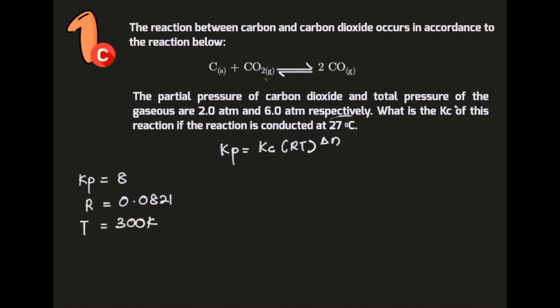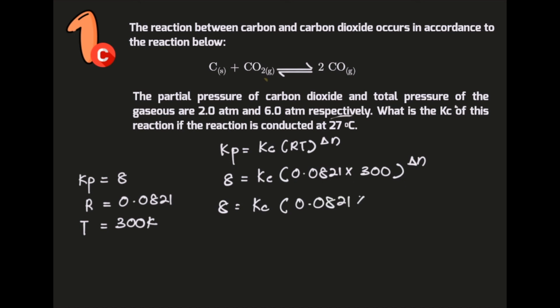Right, so let us plug in the values. Your Kp is equivalent to 8 and your Kc is the one that you want to calculate. R is equivalent to 0.0821 times 300 Kelvin, and your delta n just now is equivalent to 1. So I'm just going to write that again: 0.0821 times 300 to the power of 1.